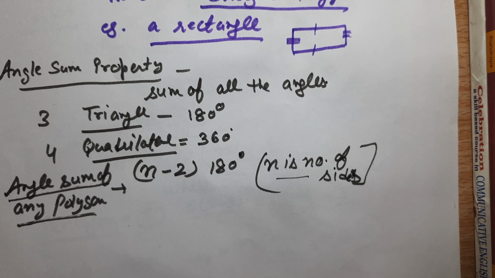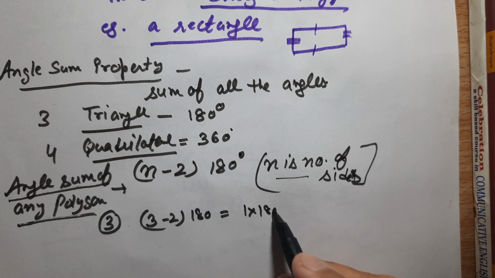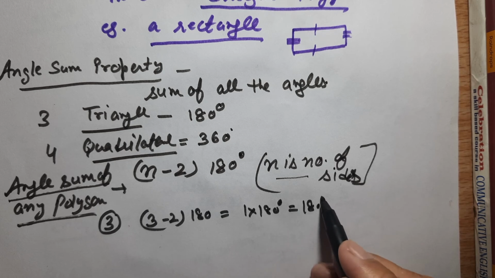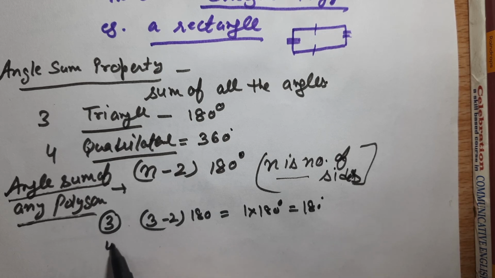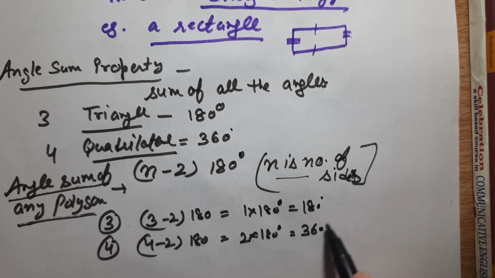If a polygon has 3 sides, 3 minus 2 into 180 degrees, 1 into 180 degrees, that comes out to be 180 degrees. If a polygon has 4 sides, quadrilateral, 4 minus 2 into 180 degrees, 2 into 180, that is equal to 360 degrees.